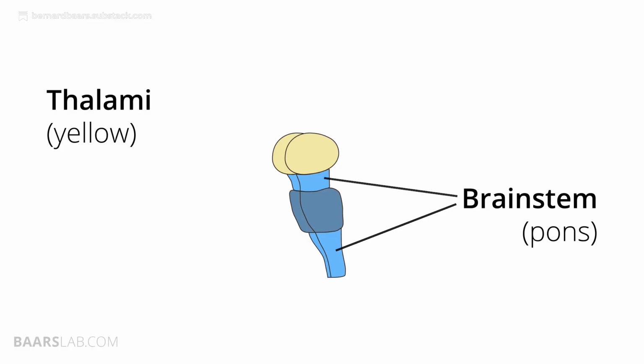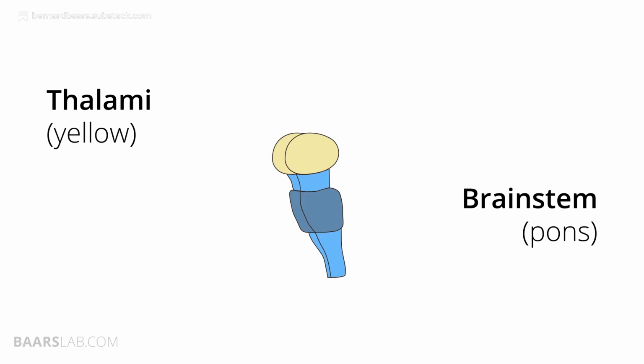What you see here is the lower brainstem. Brainstem refers to everything that you see here in light blue and a little darker blue also. And then above that, we have two egg-shaped structures, one on the left side of the brain, the other one on the right side of the brain, called the thalami.